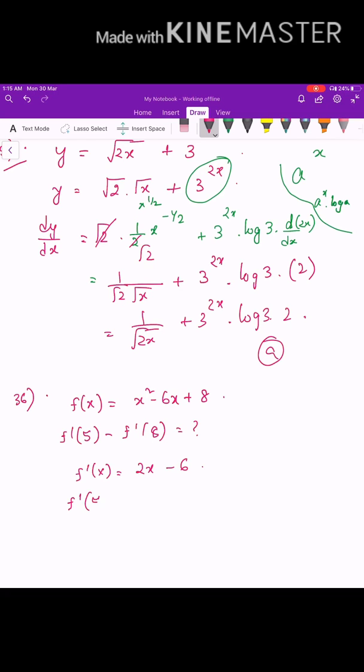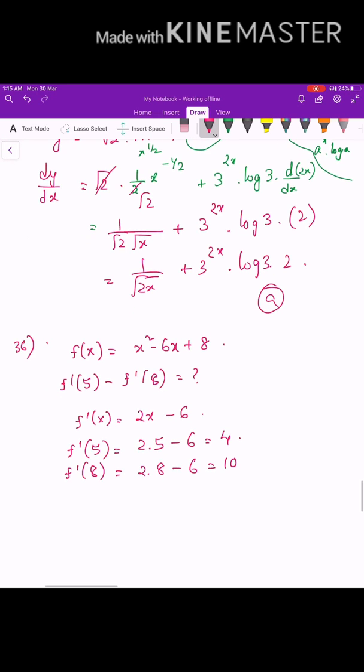So f dash 5, instead of x I'll have to replace x by 5, and f dash 8. So f dash 5 minus f dash 8, that is 4 minus 10, that is minus 6, right?